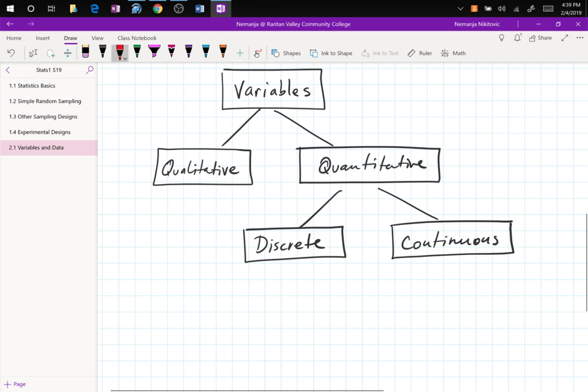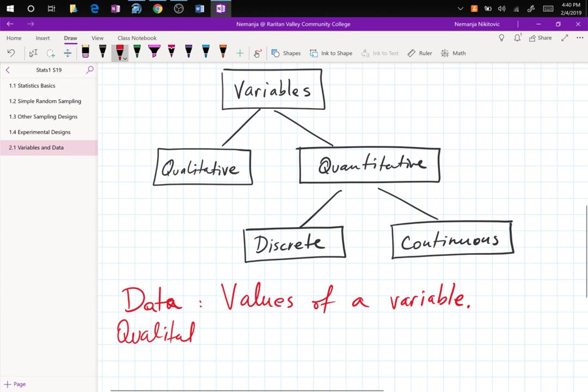So more definitions now. Data: values of a variable. Qualitative data: values of a qualitative variable.